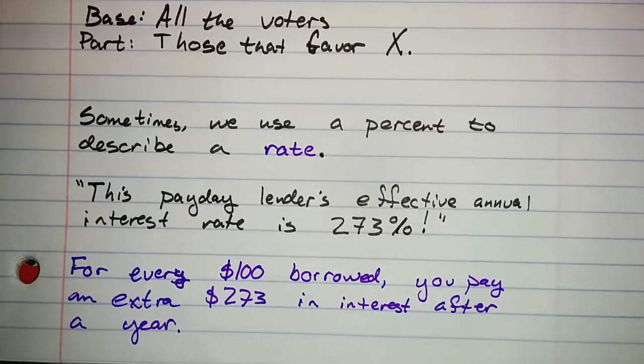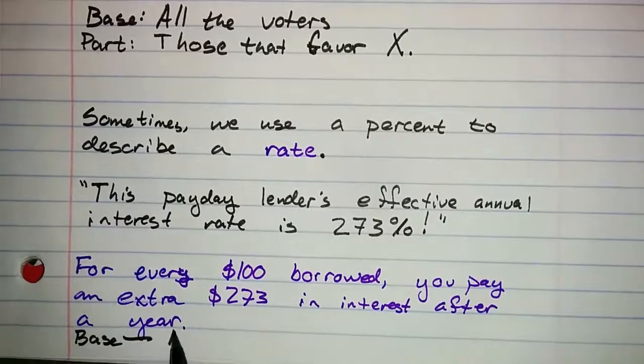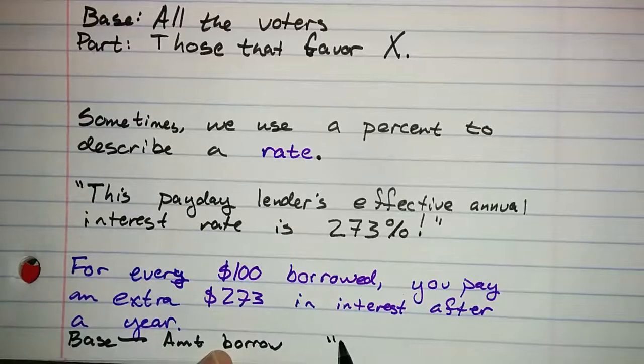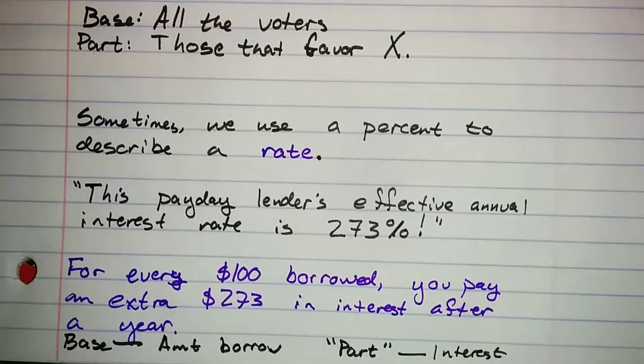So in this case, the base is the amount we borrow. And part is a strange word to use in this case, but it's a comfortable word to use. So we'll continue to call this the part, even though that's a little bit misleading. So the part, in quotes, is the amount of interest that you pay.